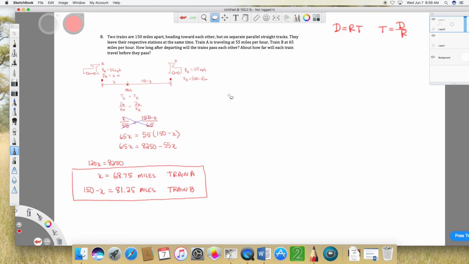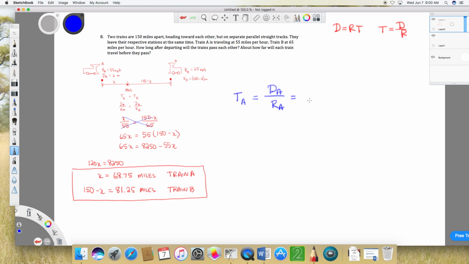From my equation, the time, that t is for time, is the distance that Train A traveled divided by the rate that A was traveling at.